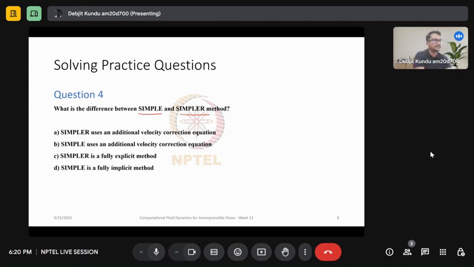Is it option A, that SIMPLER uses an additional velocity correction equation? Option B, that SIMPLE uses an additional velocity correction equation. Option C, SIMPLER is a fully explicit method. Option D, SIMPLE is a fully, sorry, implicit method.